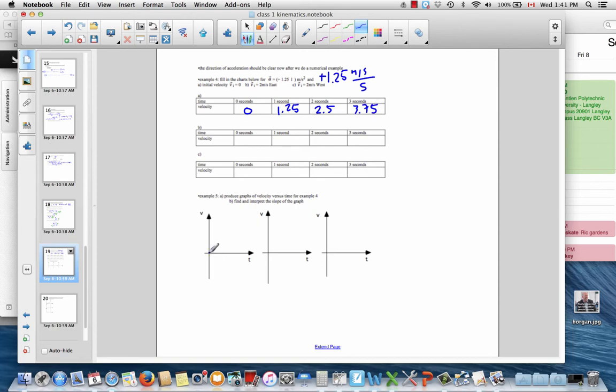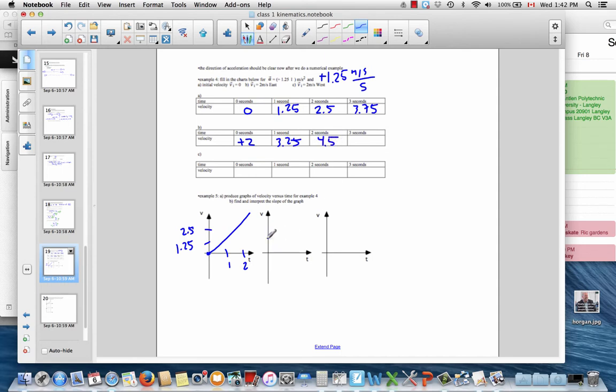And that's just going to be a nice straight line graph starting at 0. So at 1 second, you're going at 1.25, then at 2 seconds, you're going at 2.5. Now, if in part B you were moving in the eastward or positive direction, it still goes up by the same amount each second.